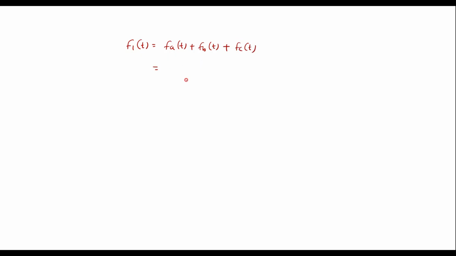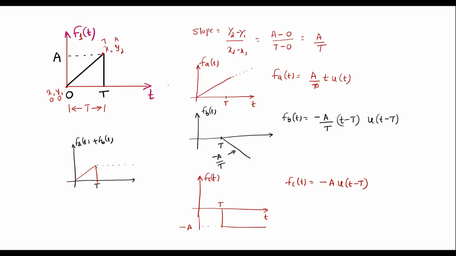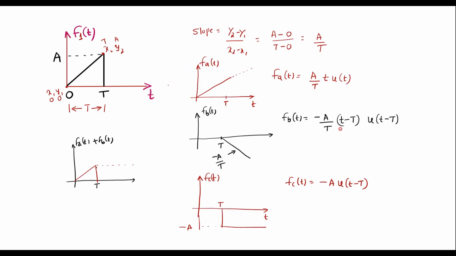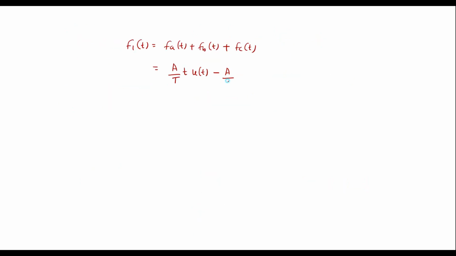That is A by T, t u of t, minus A by T, t minus T, u of t minus T, and minus A, u of t minus T. Now let me take the Laplace transform of this f1 of t.